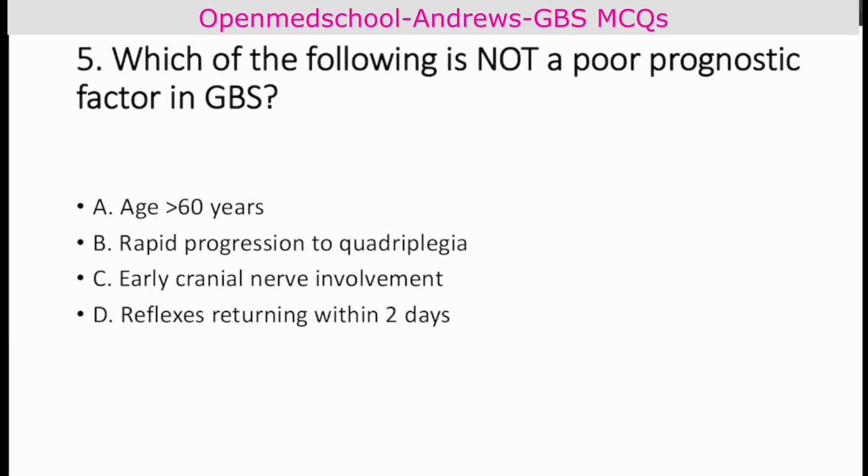Next question, which of the following is not a poor prognostic factor? We have discussed the prognostic factors. Age is a poor prognosis. Rapid progression is a bad prognosis. Early cranial nerve involvement, these patients are prone to developing respiratory failure or need for ventilation.